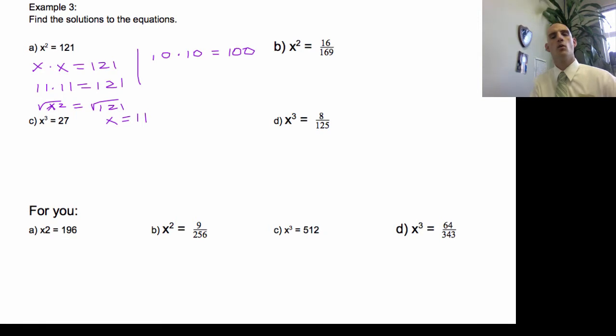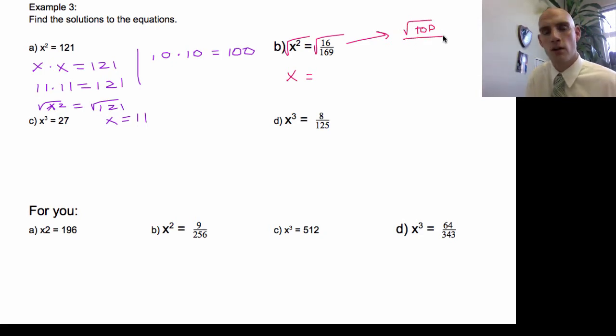What about if we have a fraction here? We're going to solve it the same way. I am going to take the square root, because the square root undoes squaring. So on this side, I'm left with x, and when I have a fraction, really, I'm taking the square root of the top, or numerator, and the square root of the bottom.